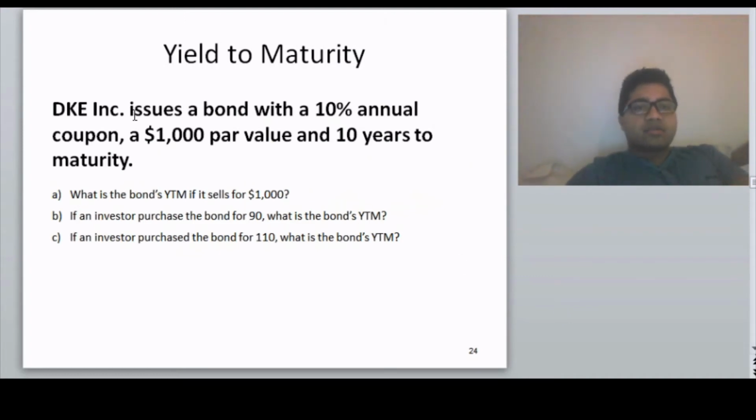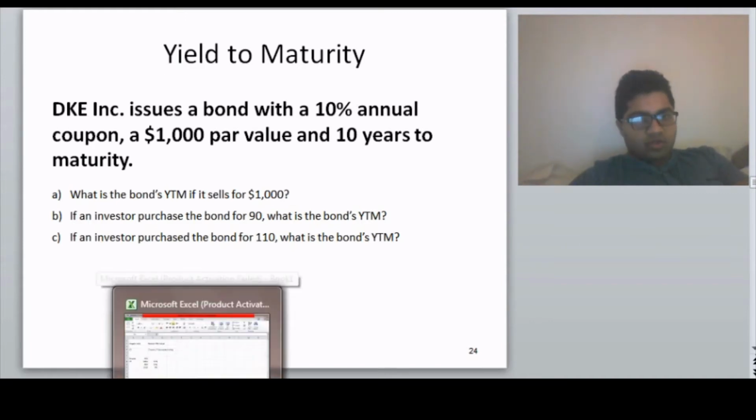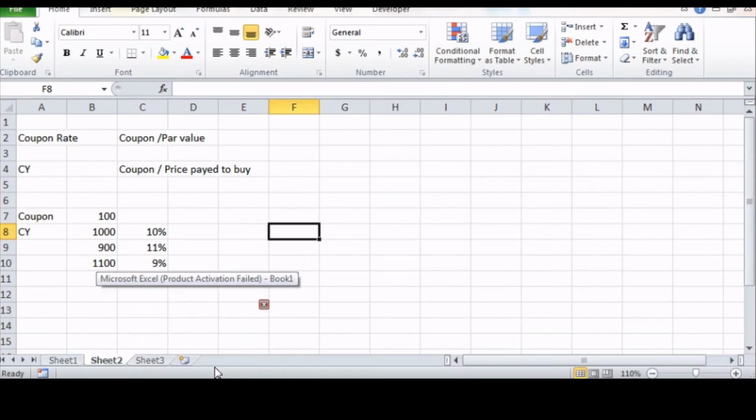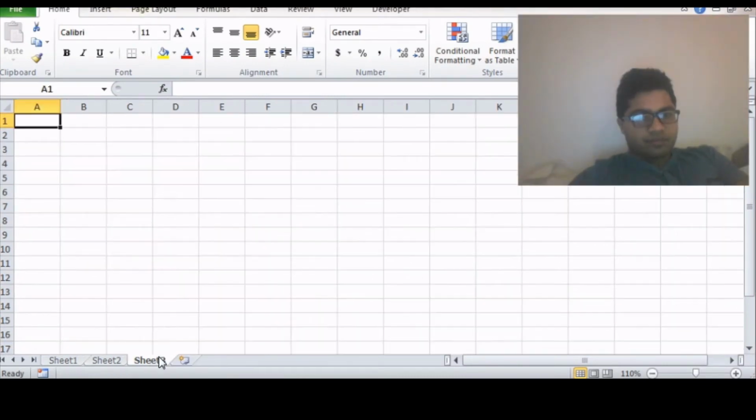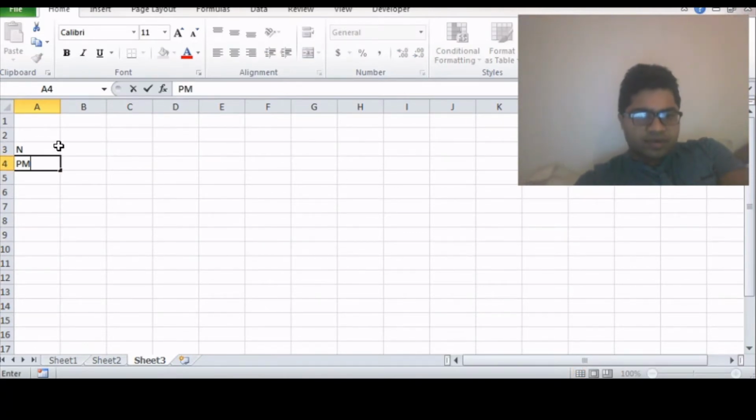So calculate YTM with a 10% annual coupon, 1,000 par value and 10 years to maturity. So let's do it. The bond given is annual. So what all is given? N is given, PMT is given, PV is given. PV is the price that you pay. Future value is given.